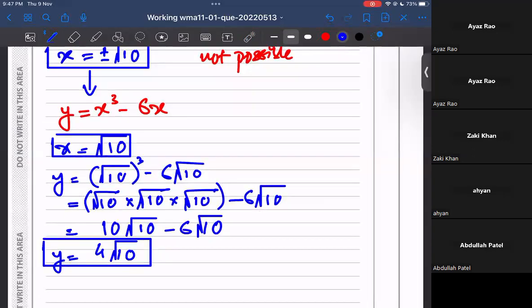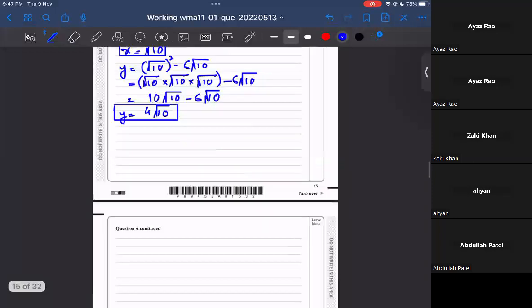The same thing I'm going to do when we have x equals minus root 10.